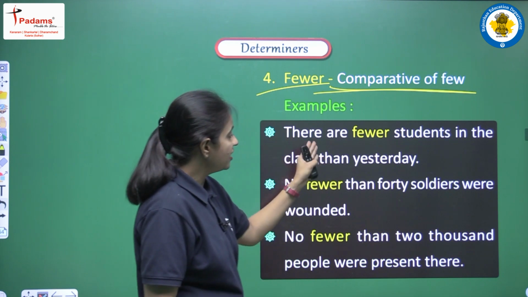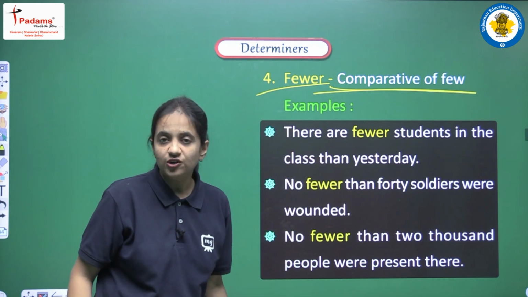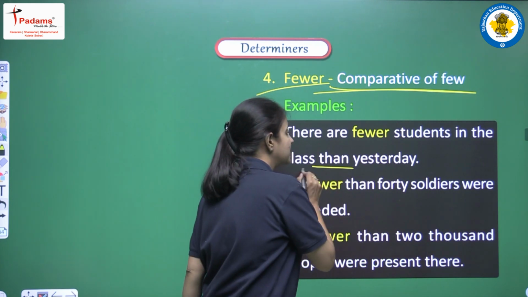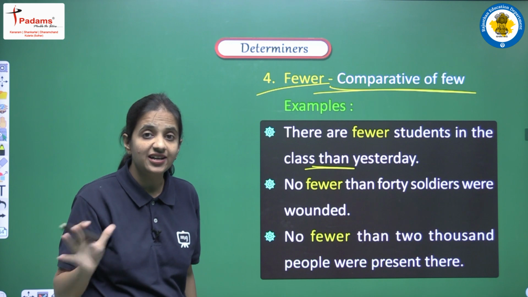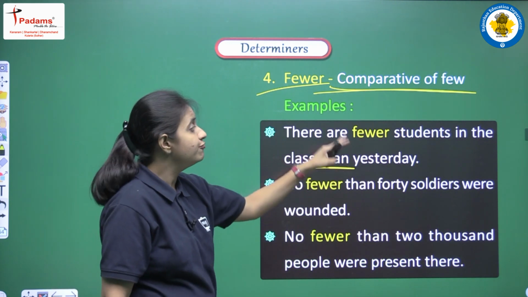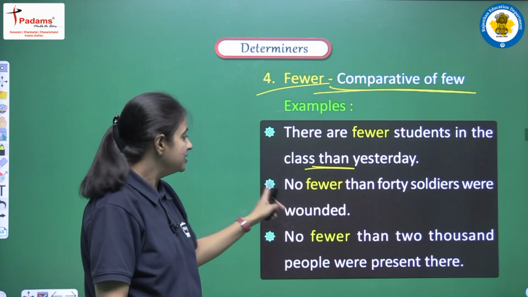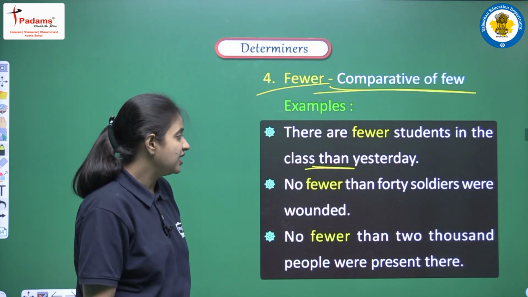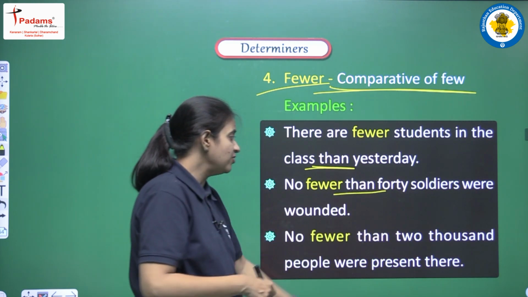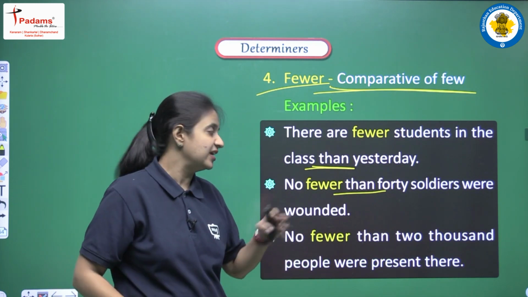First one is, there are fewer students in the class than yesterday. We all know that when we are using the comparative degree, then we have to use than, that is THAN. So now we are making a comparison. Second is, no fewer than 40 soldiers were wounded. Again we are having than, and we are using the comparative form of few, that is fewer.